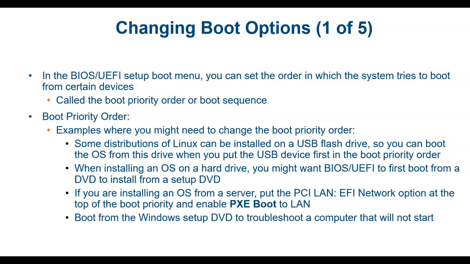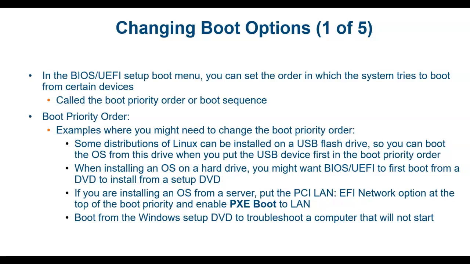Examples when you might need to change the boot order. Some distributions of Linux can be installed on a USB flash drive, so you can boot the OS from the drive when you put the USB device first in the boot priority order. When installing an OS on a hard drive, you might want BIOS UEFI to first boot from a DVD to install from a setup DVD.